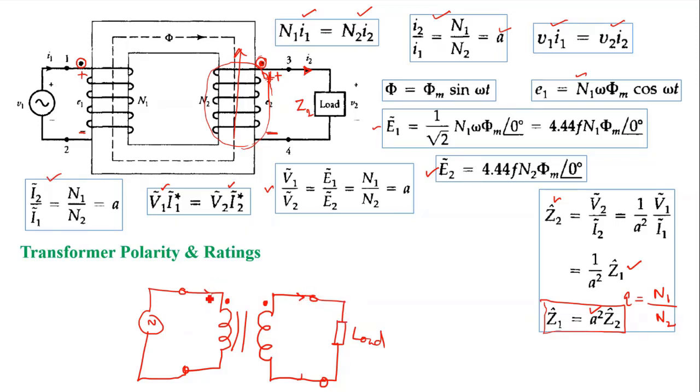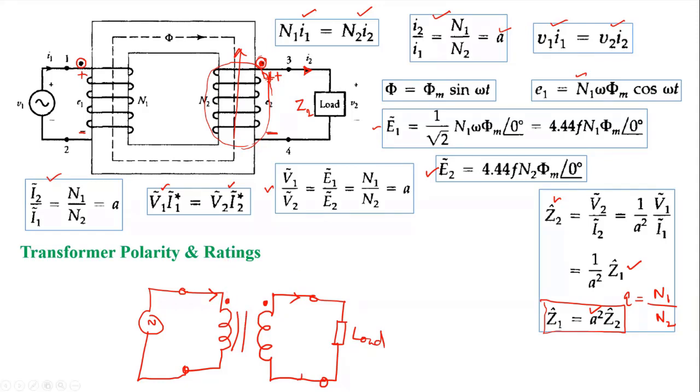And in the other cycle, suppose the current direction changes and it is leaving the dotted terminal at the primary side, then here it will enter the dotted terminal at the secondary side. So just opposite. In the next cycle, the current direction will change again. So this is the principle of transformer polarity, right?